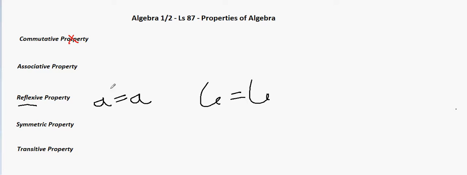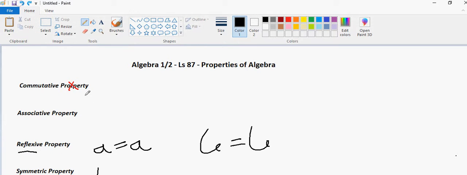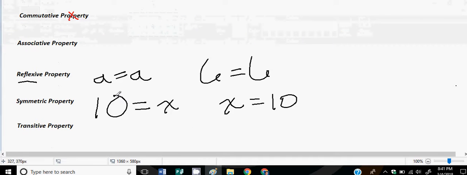So if you end up with something like 10 equals x, generally the book wants that variable not on the right side, but on the left. So x equals 10, right? We like to put that on the left, and that's okay. The symmetric property says you can do that. Totally legal according to the rules of algebra. So A equals B or B equals A. Symmetry, right? It's symmetric.